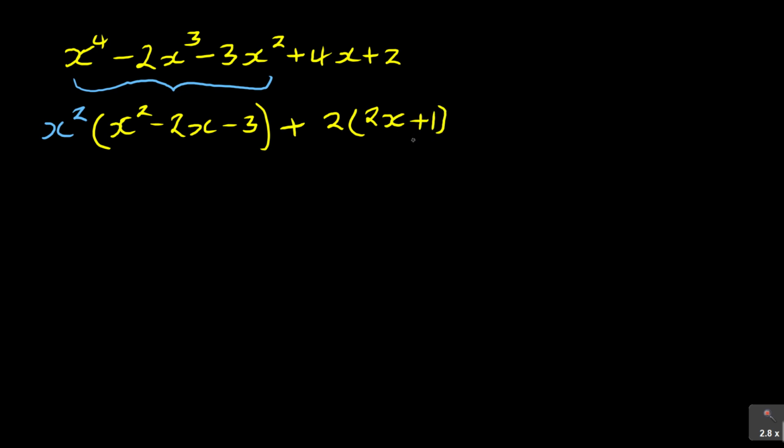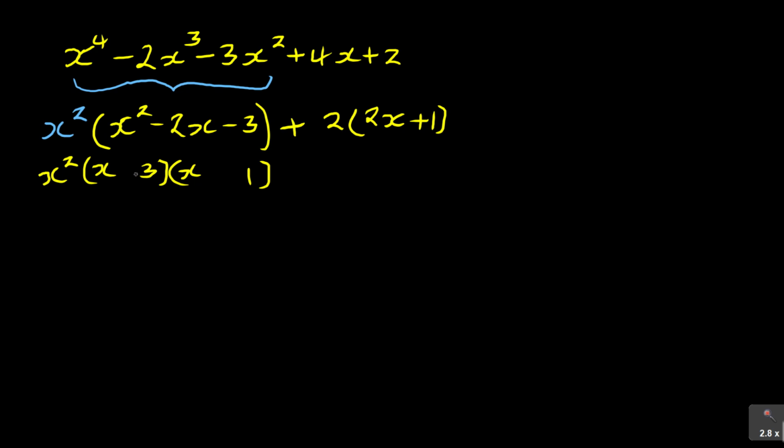So that is what we have. Let's see what we can come up with after factorizing the x squared. We are looking for 2 numbers, the factors. We need a minus 2, so we can have a 3 and a 1.